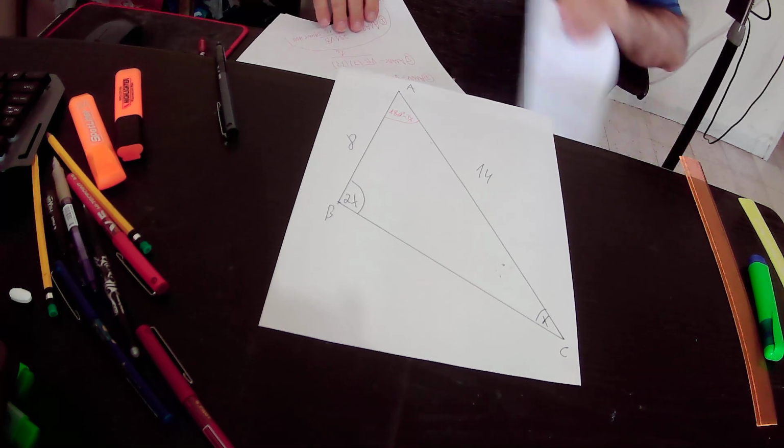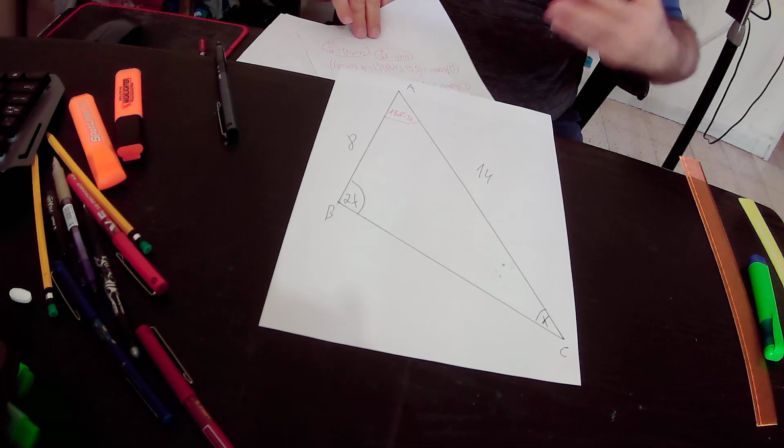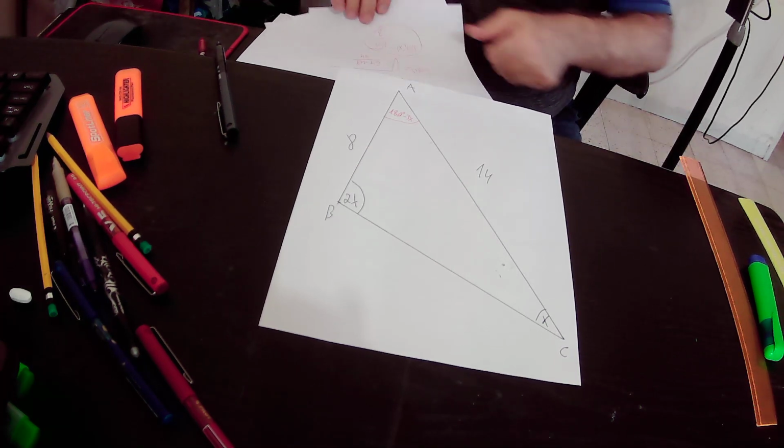We actually wanted to find the area of triangle ABC. We found the area of triangle ABC in two different ways.